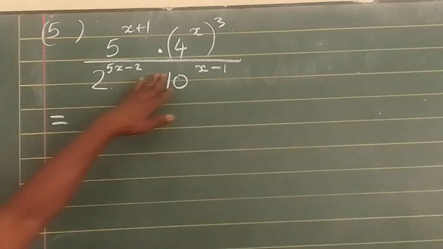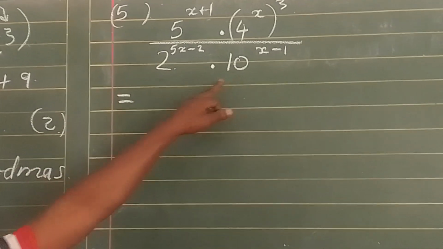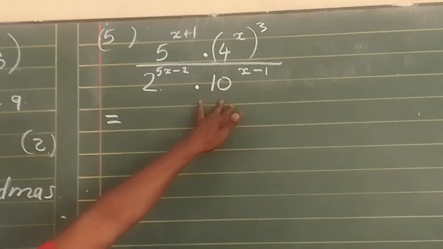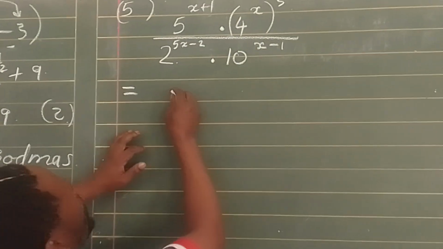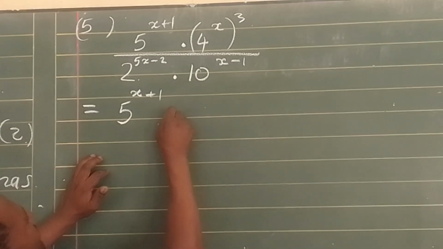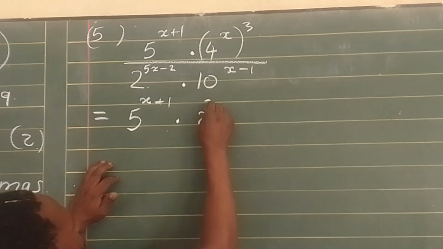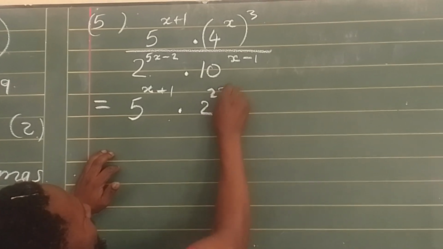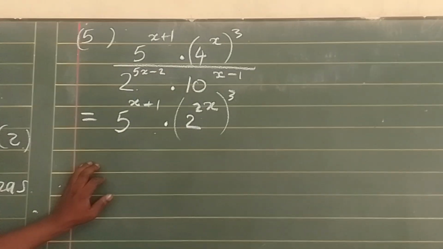Right. You can see that we have a base of 4, a base of 5, a base of 2, a base of 10. You can split this 10 into 5 and 2. You can split this 4 into 2 and 2. So you write 5 to the power x plus 1 multiplied by 2 to the power 2x, all raised to the power of 3.